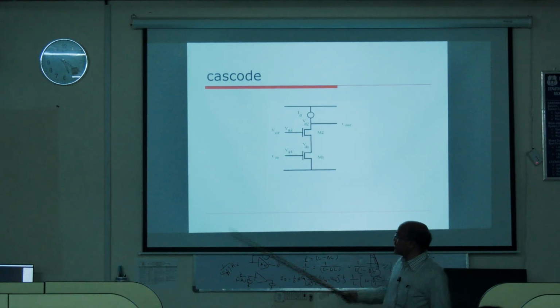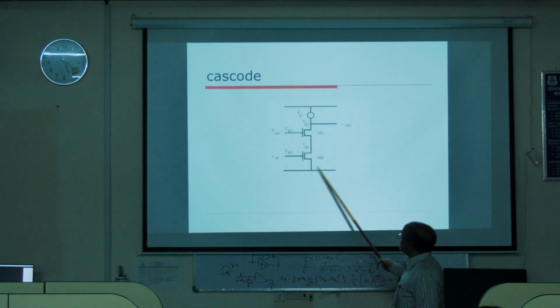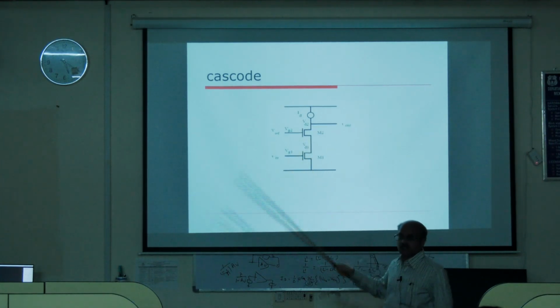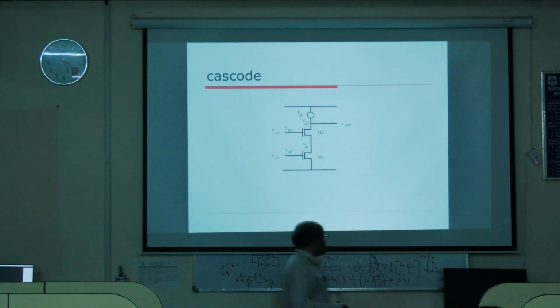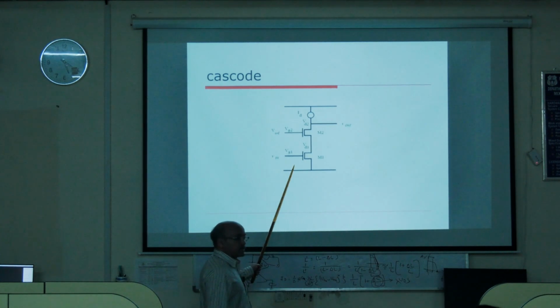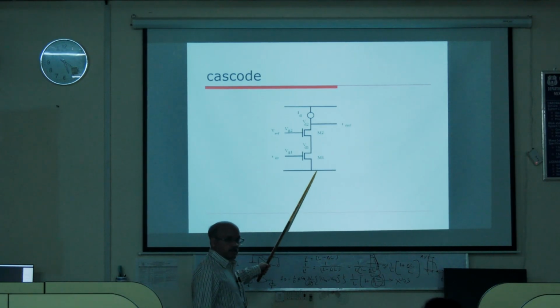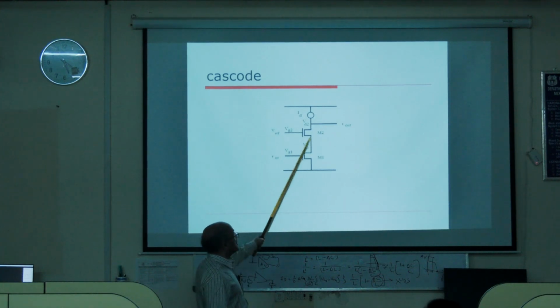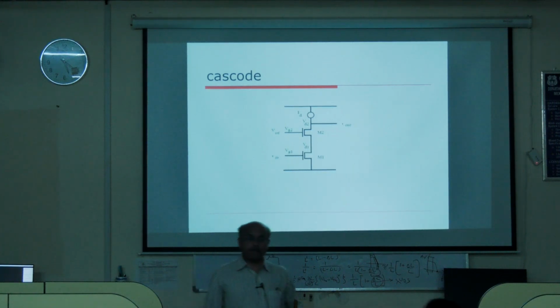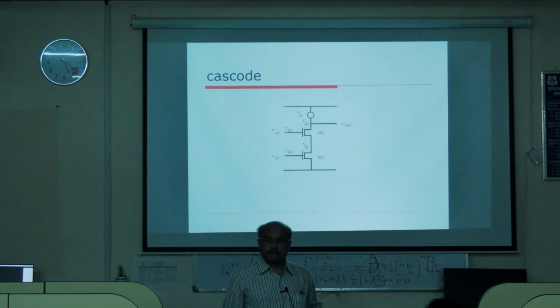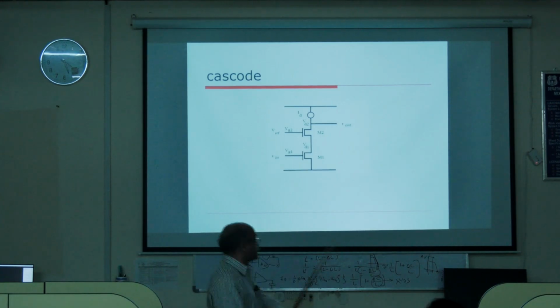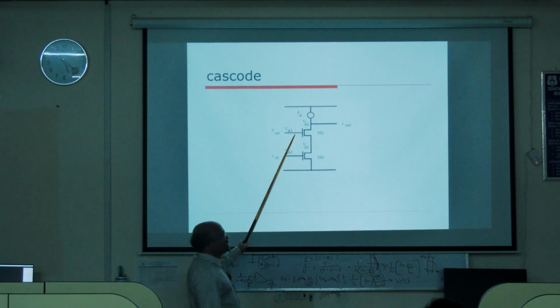Therefore I can view this as a single fictitious transistor, which is taking input from the gate of this, called the driving transistor, because this fellow is being driven by the input signal. This fellow is not driven by the input signal, but there is a DC voltage to keep this in saturation.